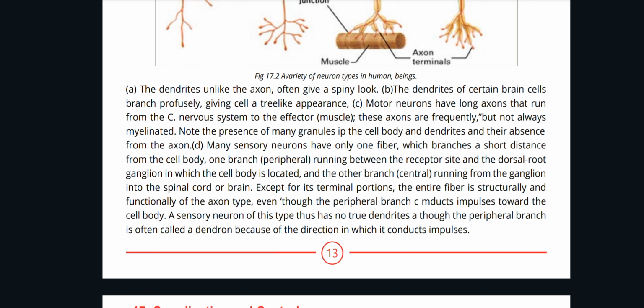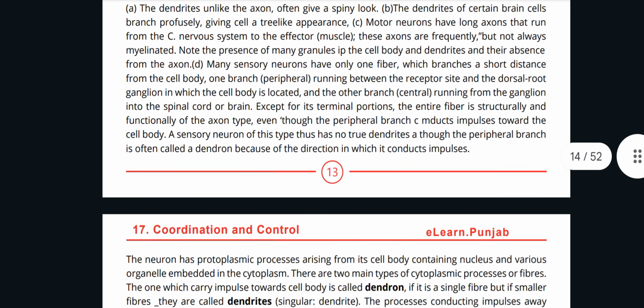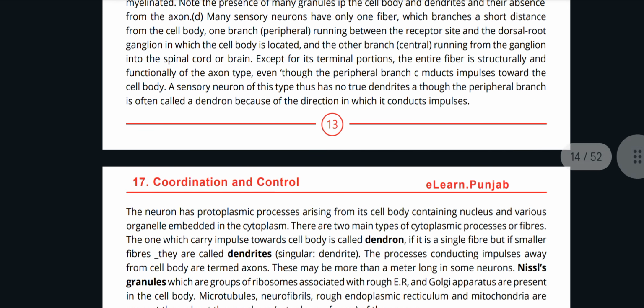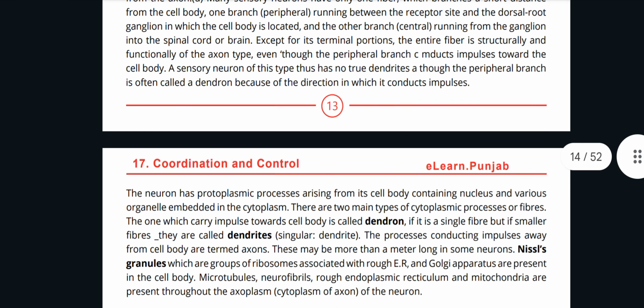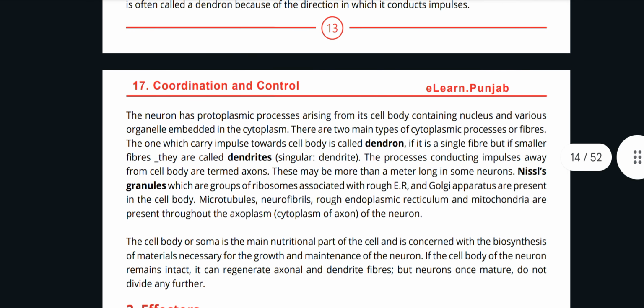Except for its terminal portion, the entire fiber is structurally and functionally of the axon type, even though the peripheral branch conducts impulses toward the cell body. A central neuron of this type has no true dendrites, though the peripheral branch is often called a dendron because of the direction in which it conducts impulses.